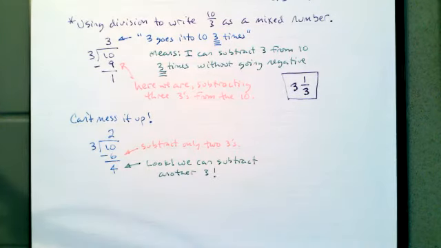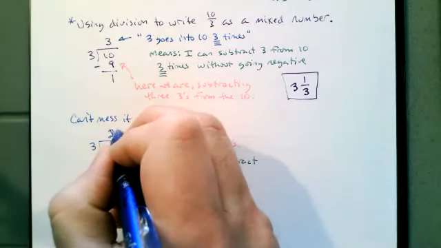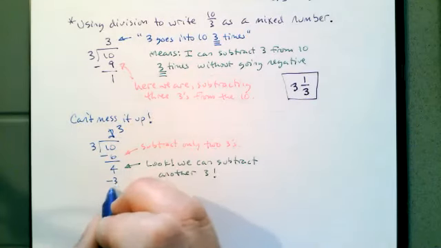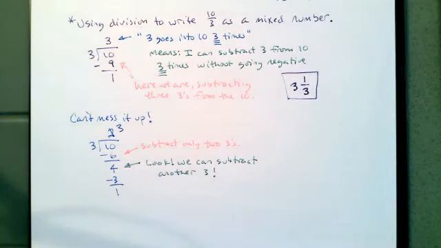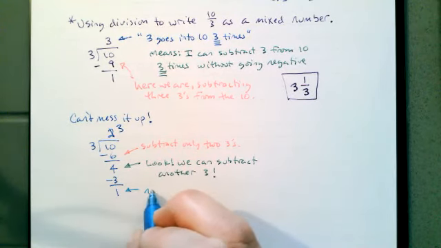So because there's 4, it's like, oh, look, I can subtract another 3. So I will just change this to a 3, and I'll subtract another 3, and there's 1 left over. Now we're done subtracting 3's. Now if we subtract another 3, we're going to go negative.